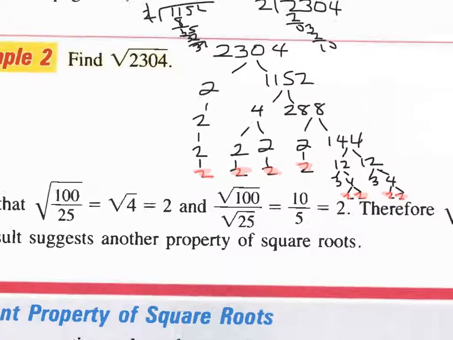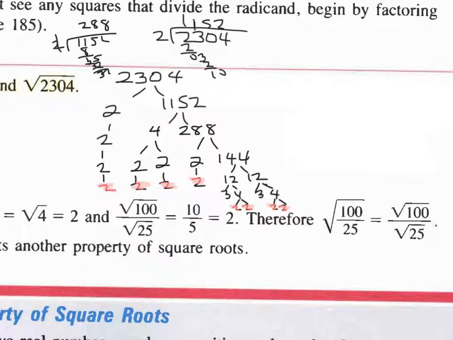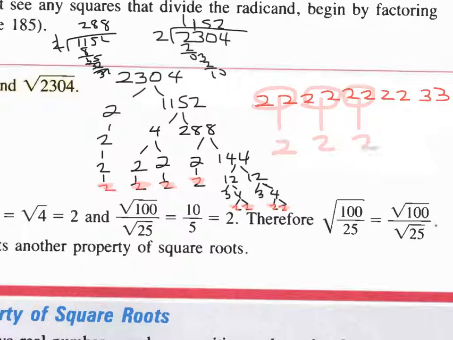So I'm going to go ahead and try to make some pairs here. So 1, 2, 3, 4, 5, 6, 7, 8, and a 3 and a 3. So I'm going to make pairs. A 2 will come out of this pair, a 2 will come out of this pair, and a 3 will come out of this.